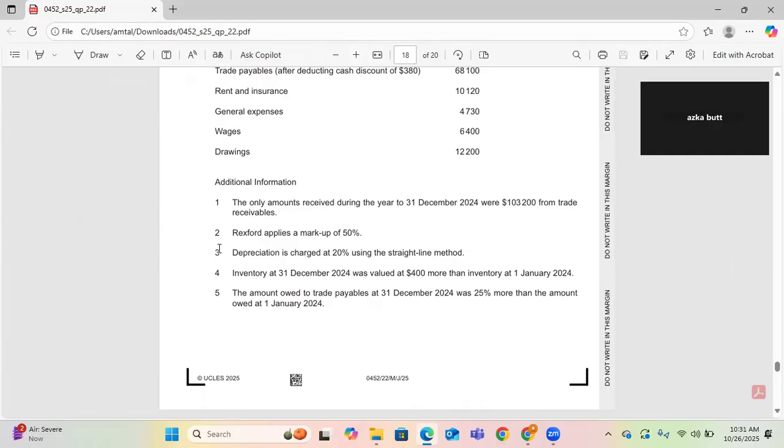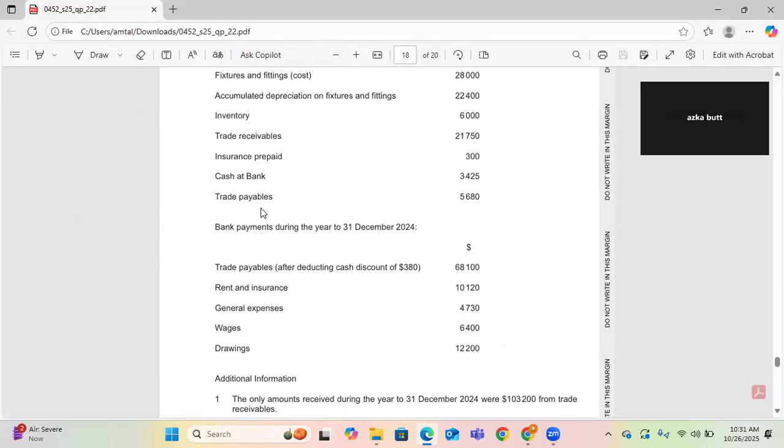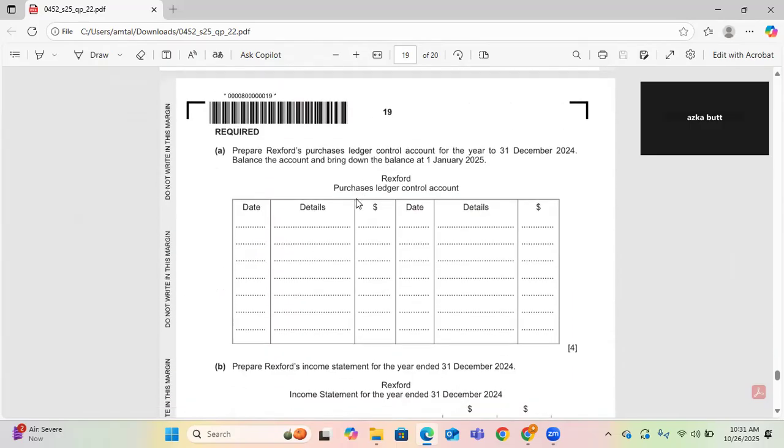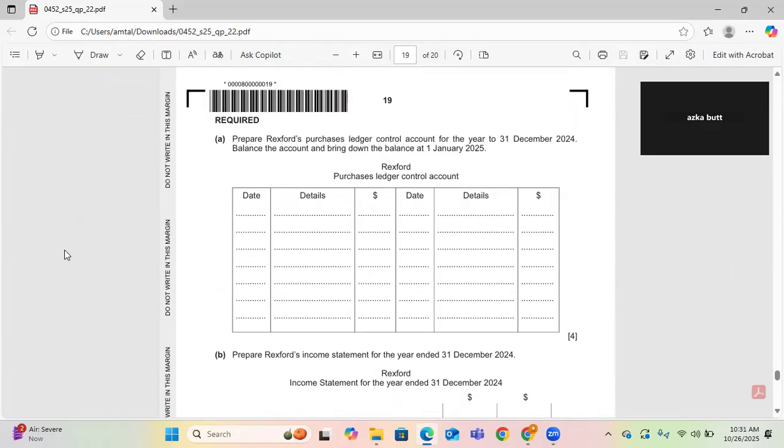So let's start with question number 5. This one. Let's see the requirements first. For requirement A, we need to prepare the purchase ledger control account, and that's very easy. This is a kind of liability, and the purchase ledger control account will give you the amount that you owe to your supplier.